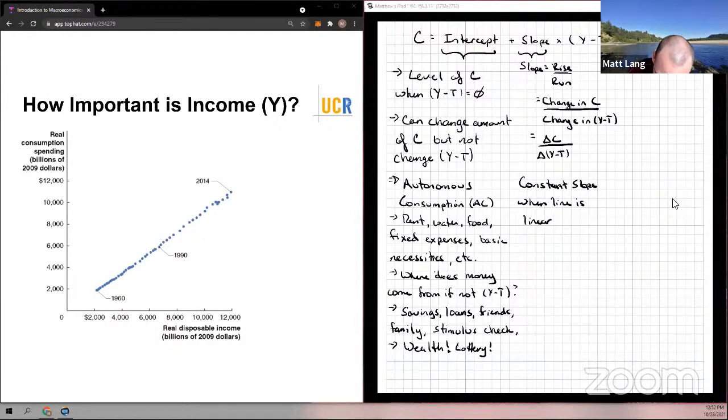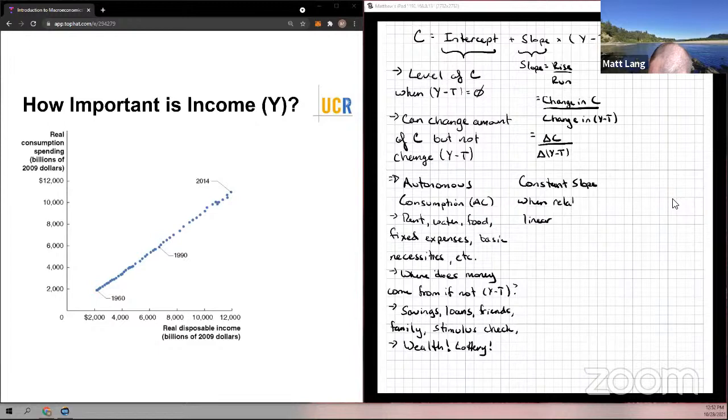I should probably say relationship instead of line, because that's implied there. So when we have this linear function, we've got this slope that's not going to change. Okay, so I'll get to this Y minus T in just a second.